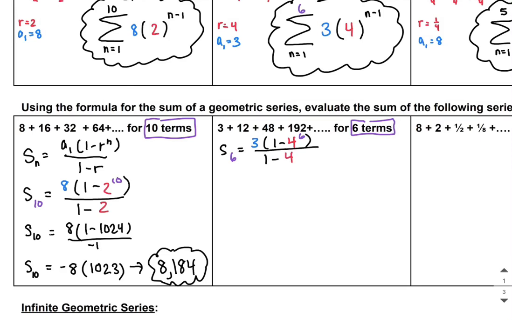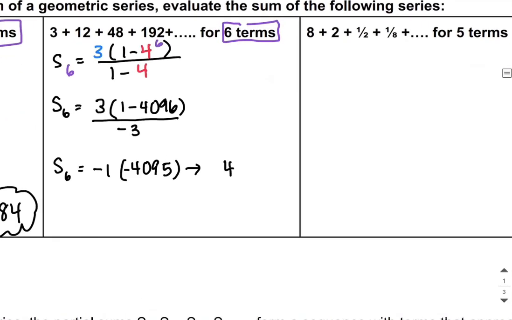When I simplify this, I'm going to get s sub 6 is equal to 3 times 1 minus 4,096. 4 to the 6th power is 4,096. All over -3. You're going to need a calculator for this section, so make sure you have one. Then simplified, 3 divided by -3 is -1 times what's in parentheses, -4,095. And then my final answer, the sum is 4,095, positive. That's the sum.